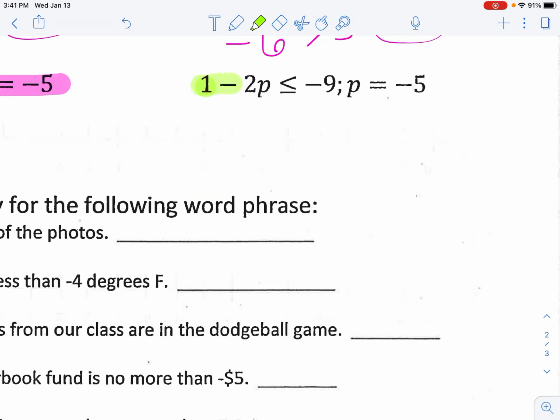Order of operations says multiply first. 2 times -5 is -10. Minus becomes a plus. 1 plus 10 is 11. Is 11 less than or equal to -9? No.